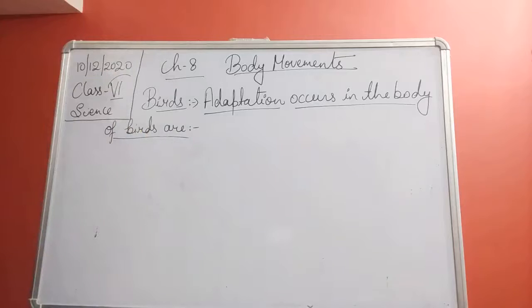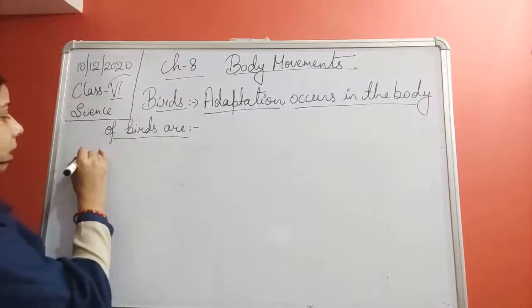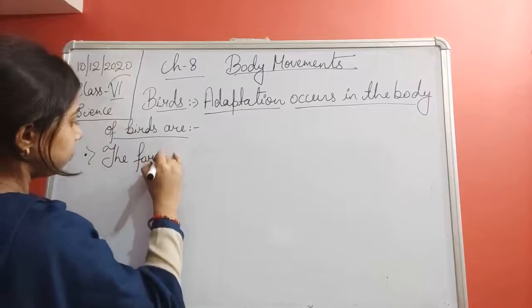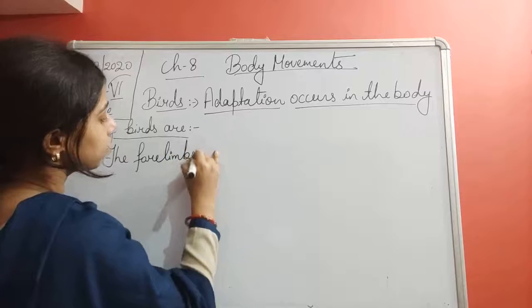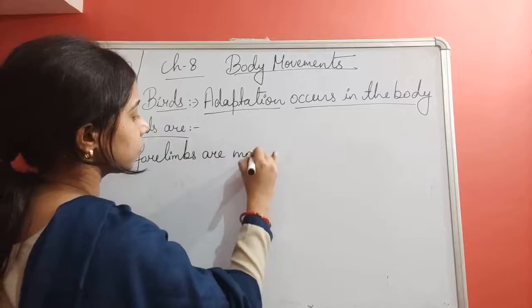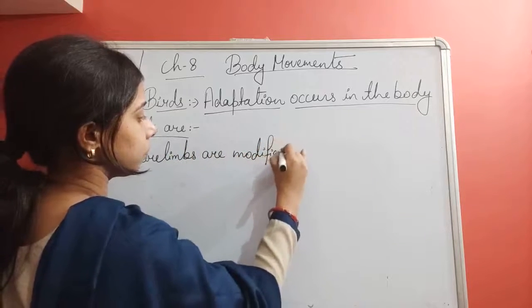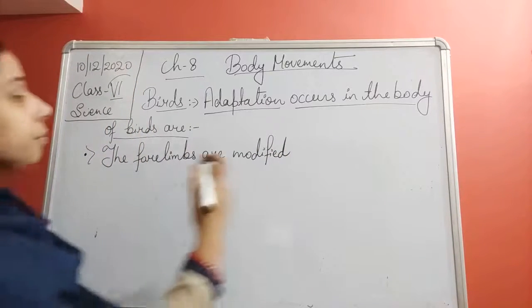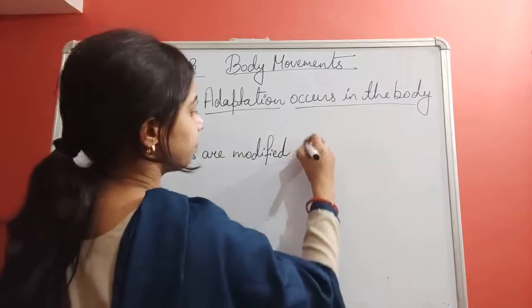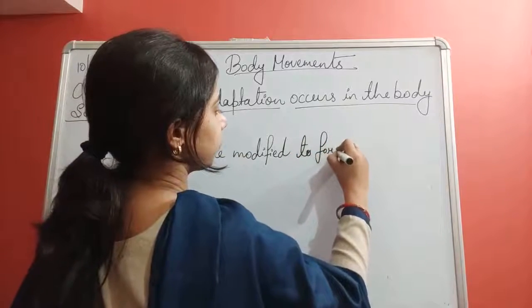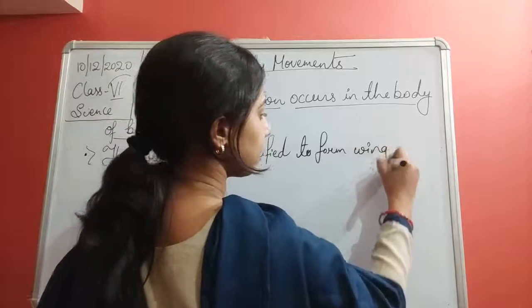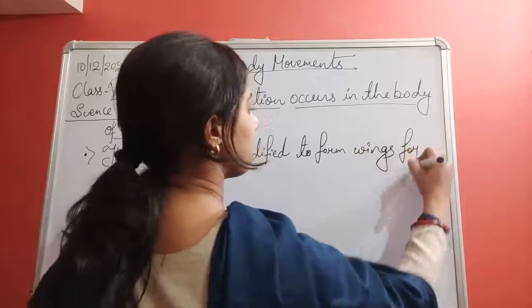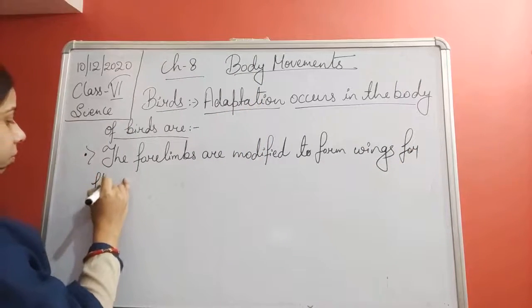So we can write it: the forelimbs are modified to form wings for flying.